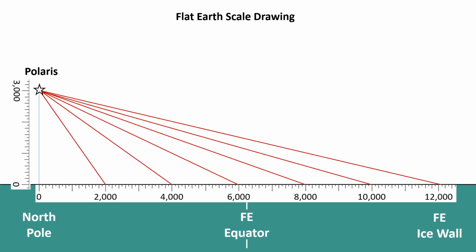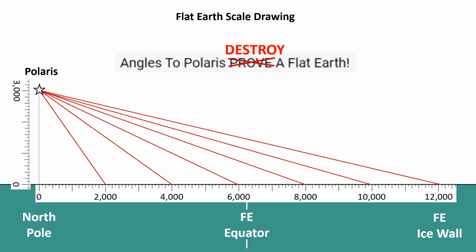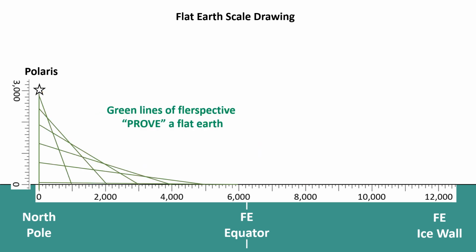And of course, when we add lines of sight to Polaris, we quickly understand that Polaris would be visible everywhere on a flat Earth. Of course, the title of Multi-Tom's video would have to be changed to Angles to Polaris Destroy a Flat Earth. But Multi-Tom would rather deceive himself and pretend that green lines of perspective prove a flat Earth.